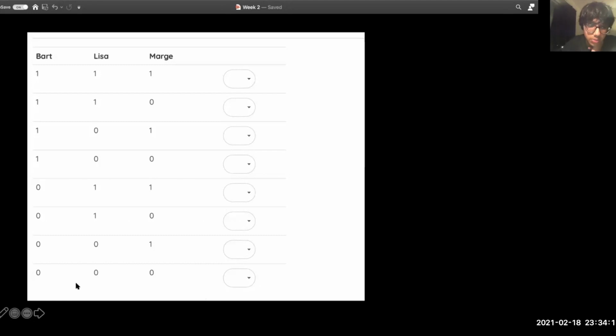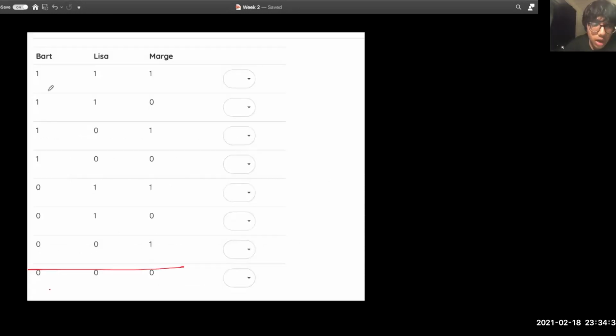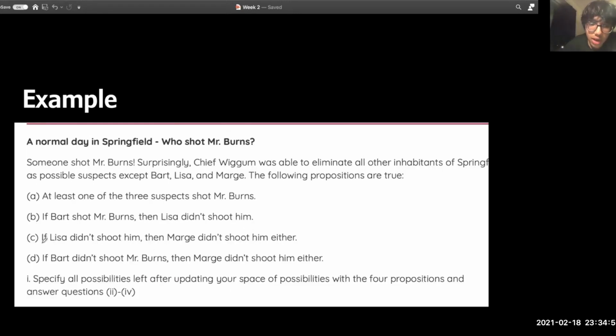Let's eliminate that now. The second premise says that if Bart shot Mr. Burns, then Liza didn't shoot him. So if Bart has a 1 next to his name, then Liza has to have a 0. That means this one is out of the question, and this one too. Next, if Liza didn't shoot him, then Marge didn't shoot him either.